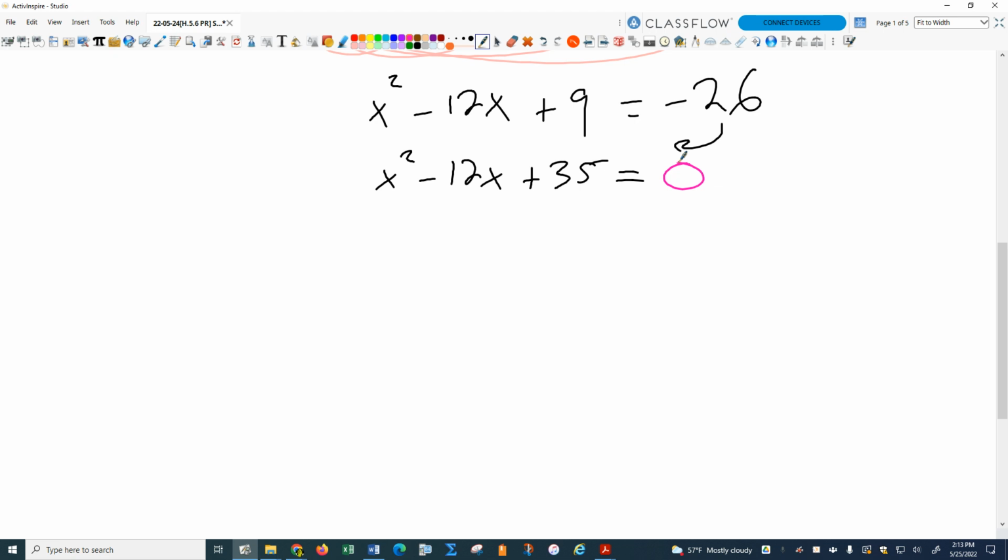I can always rely on my ace in the hole and just use the quadratic formula, but it'd be quicker and easier if I could factor this. Are there magic numbers? What do they need to multiply to? 35, good, and add to -12. So what are they again? -7, -5, good.